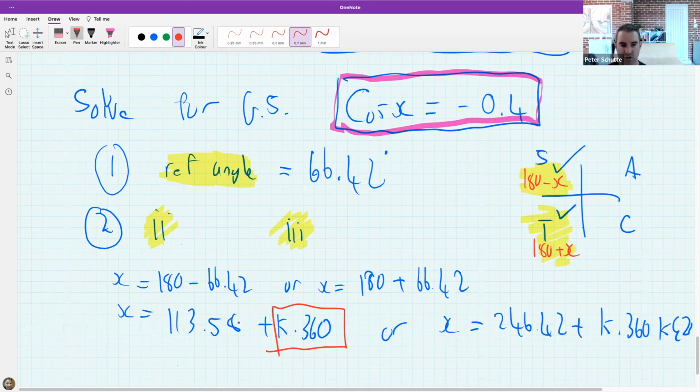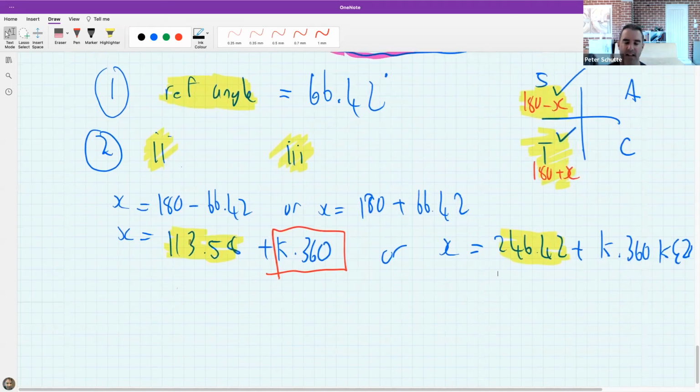So if the question said, I only want answers in the range 0 to 360, then it would just be the 113 and the 246. But because trig functions are periodic, or they repeat themselves, they have other answers that occur every 360. And so if you made k equal 1, you'd get extra answers that are in a different range. Does that help?